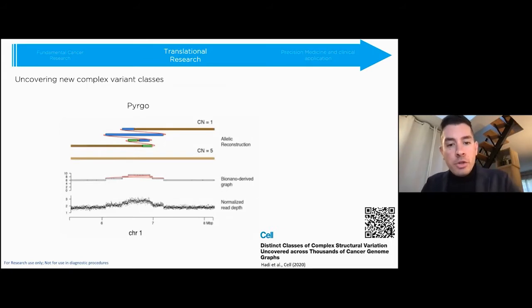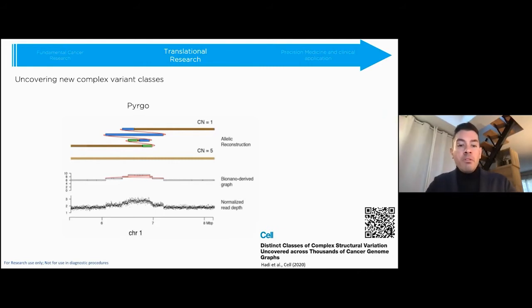But now I would like to switch gear and look at more complex variants. As I mentioned earlier, our conception of the role and nature of structural variation is largely biased due to the technical limitation of NGS technologies.